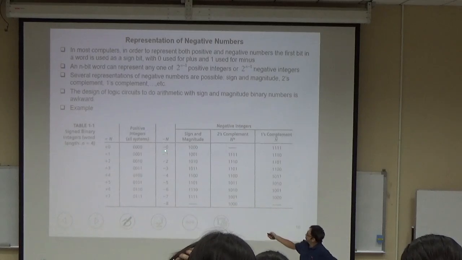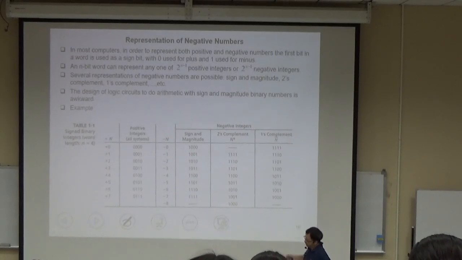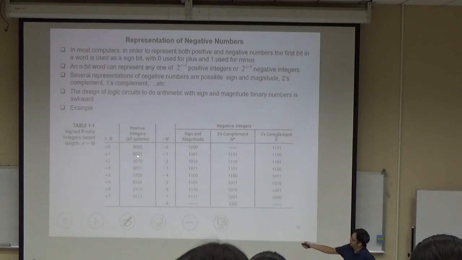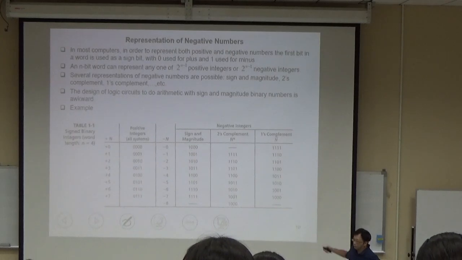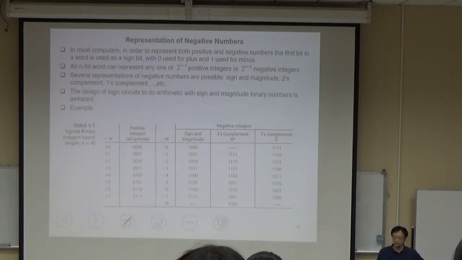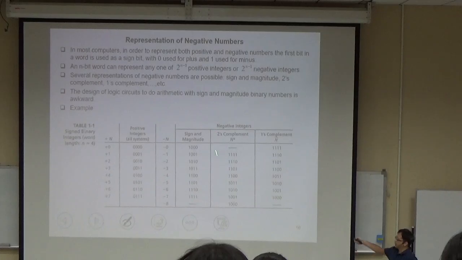For -1, you just put the 1 in the first bit here, and the remaining bits are the same as the positive number. The first bit indicates it's negative. For the sign-negative system, it is easy to understand how we can use this expression.